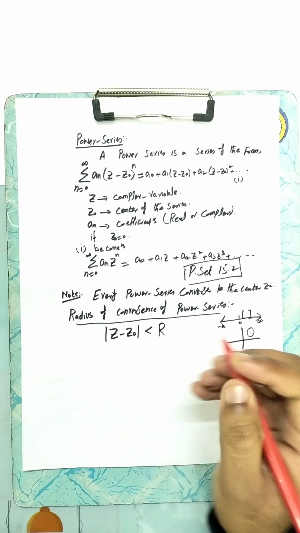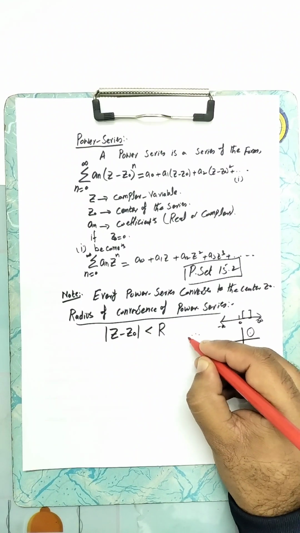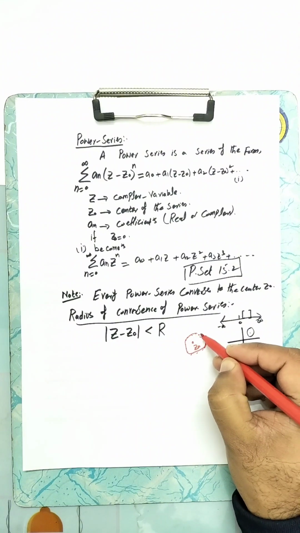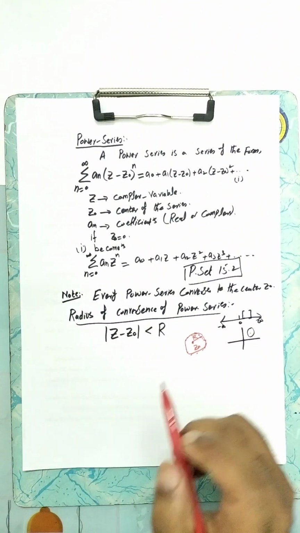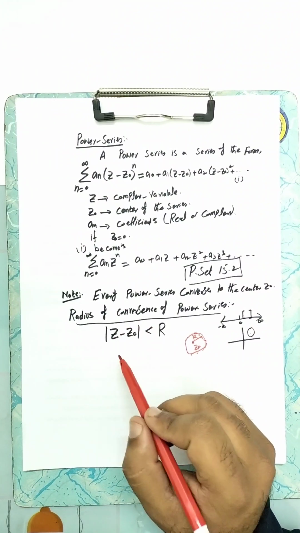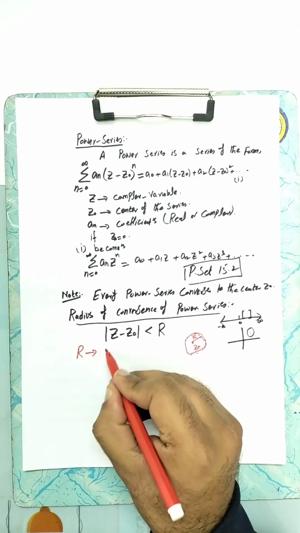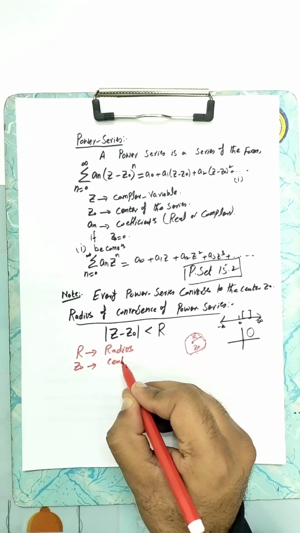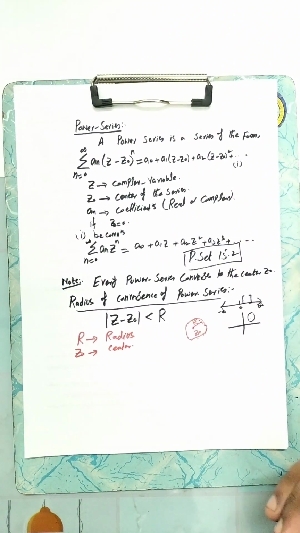Let's suppose this is your z naught, and these points are points of z, and this is the radius of convergence, and the distance from z to z naught is less than R. If a series satisfies this condition, then R is the radius and z naught is the center. So the next question is how to find the radius of convergence and center of a power series.